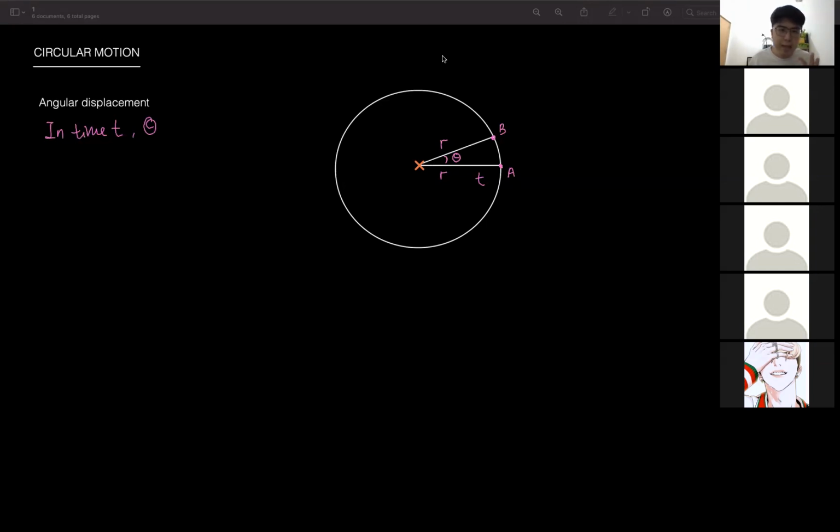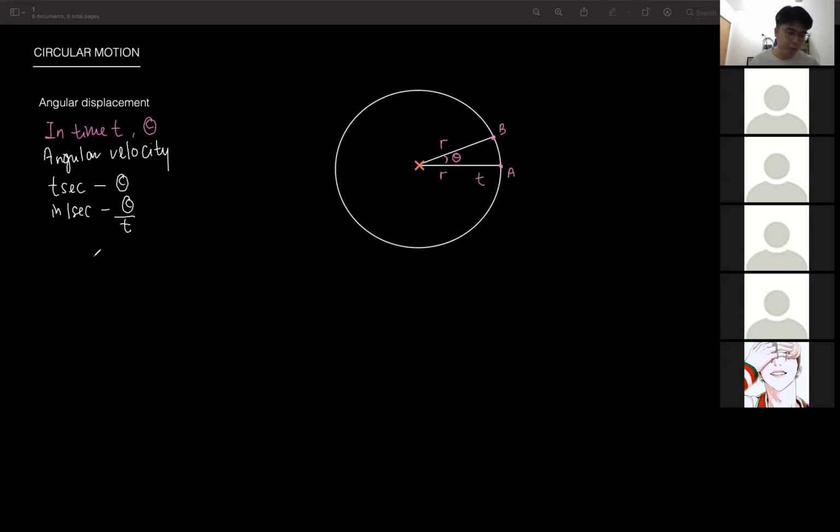Now, besides angular displacement, we have angular velocity. Velocity is a measure of change in displacement over time. So if the particle moves in t seconds, the angular displacement is theta. Then in 1 second, we have theta over time.